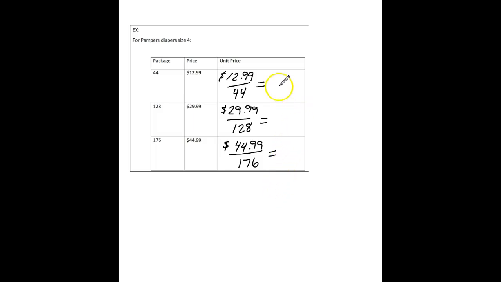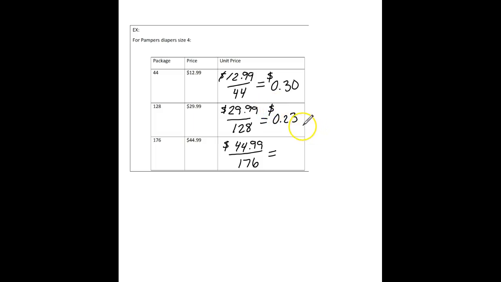And we're just going to simply divide. So for our first case, we are going to get 0.295, so that's going to round. So this is going to be 30 cents per diaper. Our next one, when we divide, we're going to get 0.234, so we could leave that as 23 cents per diaper.